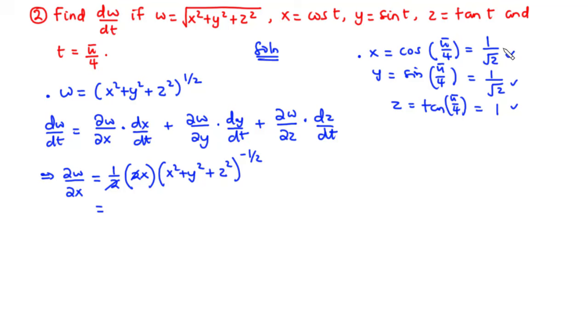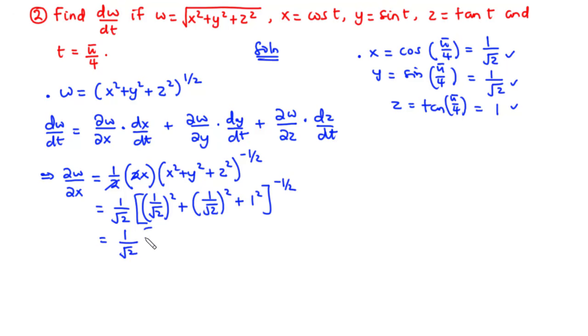Now x here is said to be 1 over root 2, so we have 1 over root 2 times, x squared becomes 1 over root 2 all squared, plus y squared, 1 over root 2 all squared, plus z squared, which is 1 squared, all to the exponent negative 1 over 2. So we have 1 over root 2 times the bracket: 1 squared is 1, root 2 squared is 2, plus the same applies here, and then here we have 1.